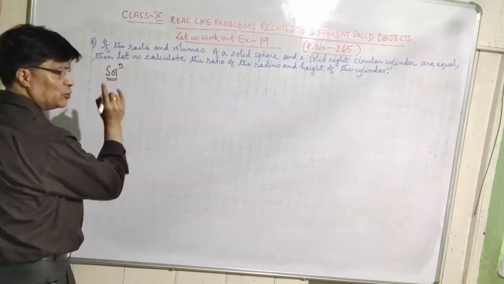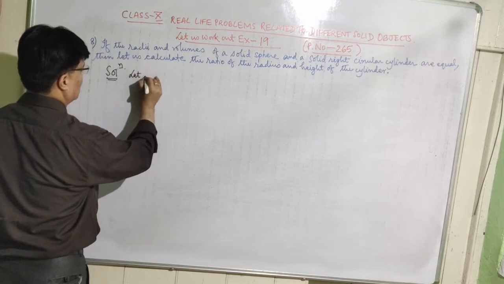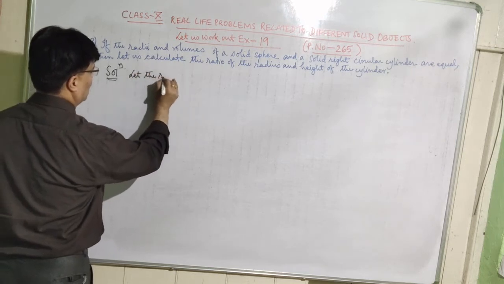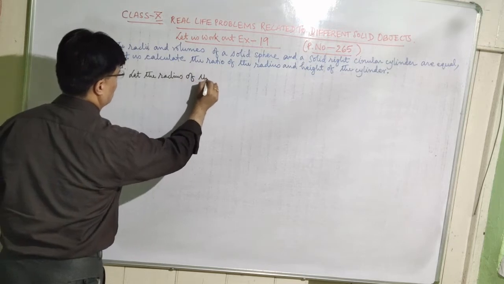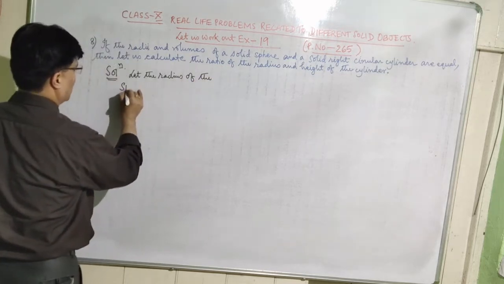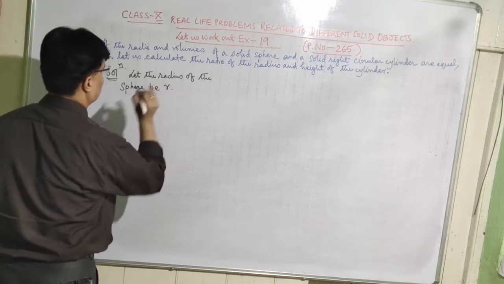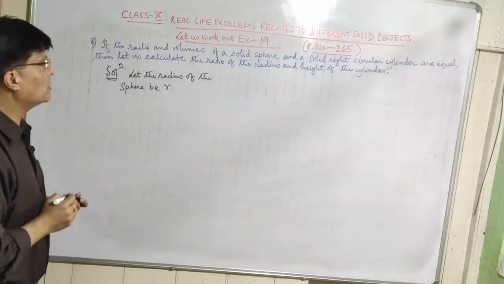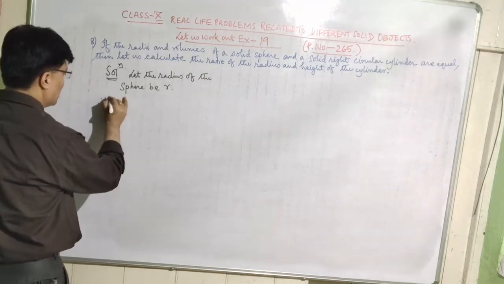So let us do the solution now. Let us assume the radius of the sphere. Let the radius of the sphere be r. So what is the volume of the solid sphere?